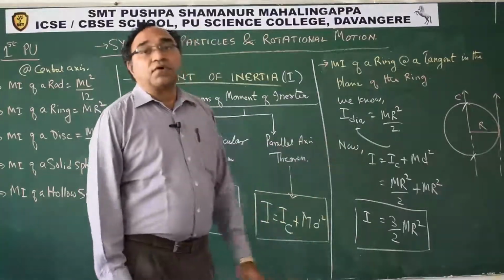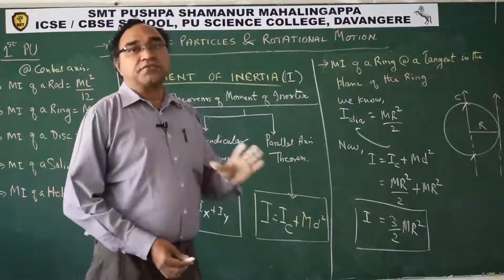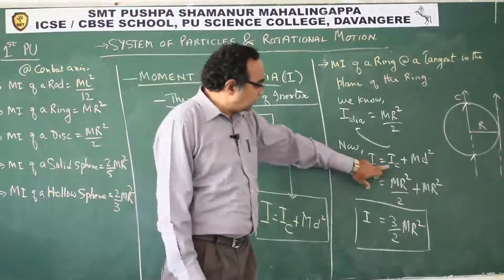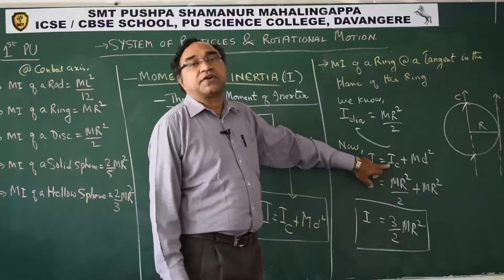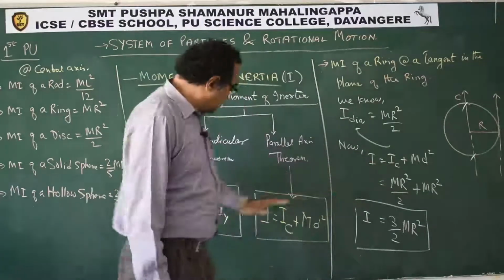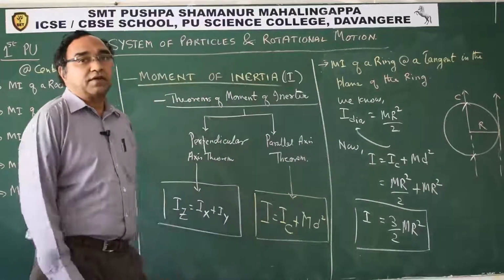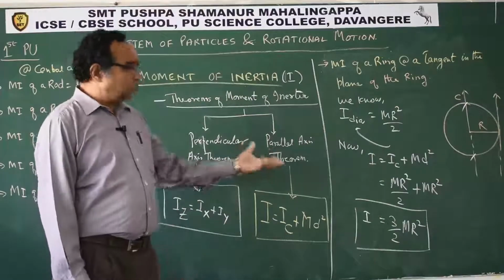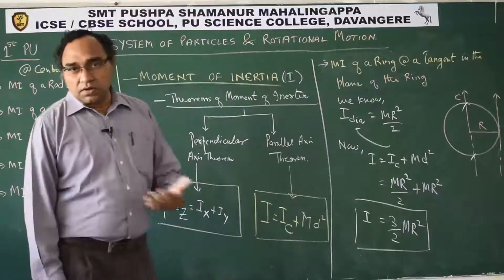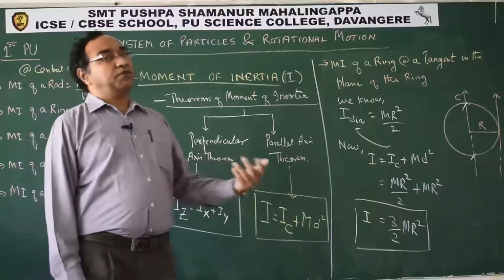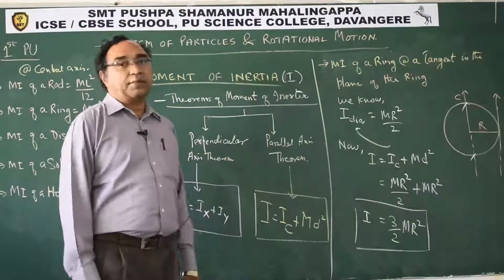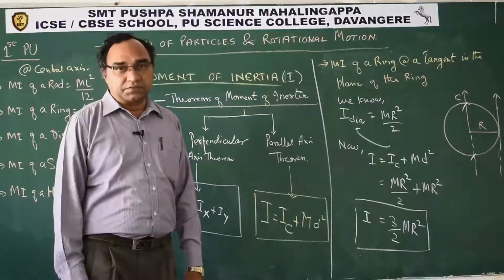We can find out for different cases. The method is not going to change. What will change is the moment of inertia about the central axis, but the theorems are going to remain the same. We can use these different axis theorems for changing the axis of moment of inertia.